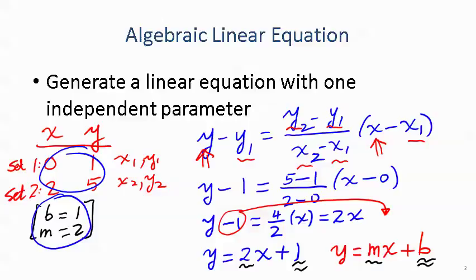As an exercise, I would like for you to evaluate this equation by swapping the second point and making it the first one, and taking the original first one and making it the second one.